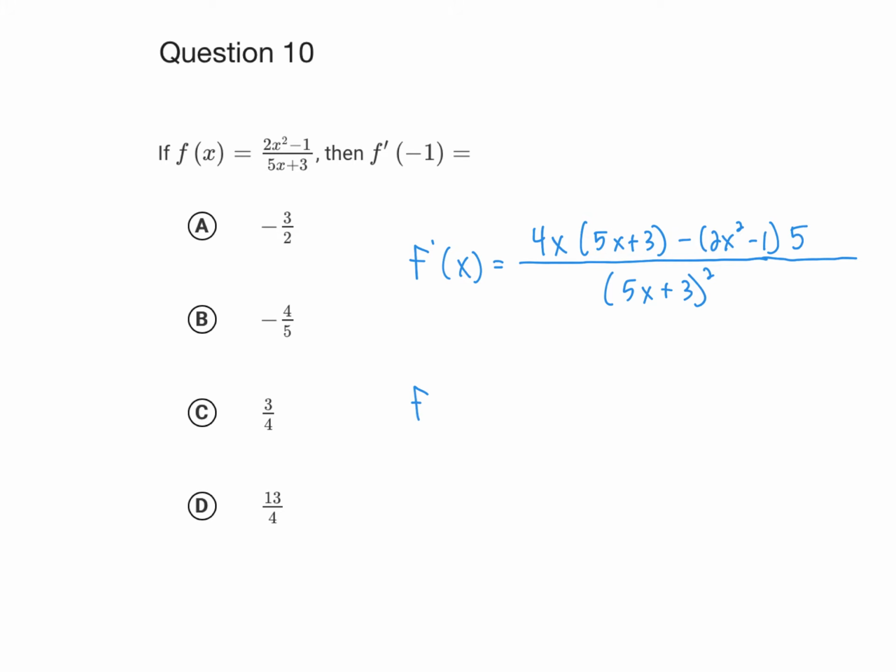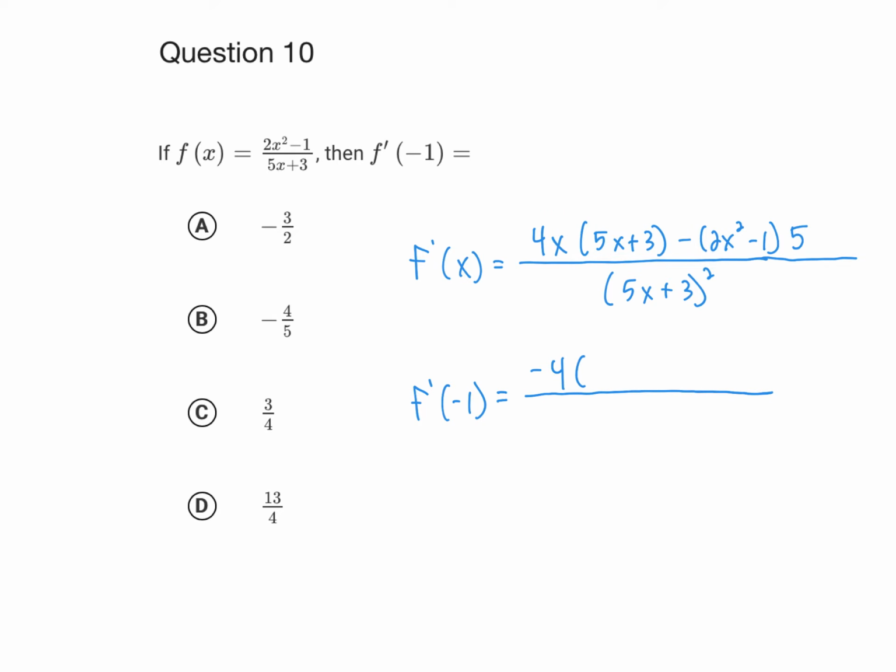My advice for this is don't try to simplify this in terms of x. Plug in the number and then simplify the numbers. So first just plug in -1 everywhere you see an x, and I'll simplify as I go along. So 4 times -1 is just -4.